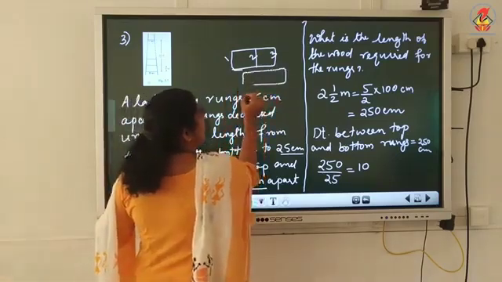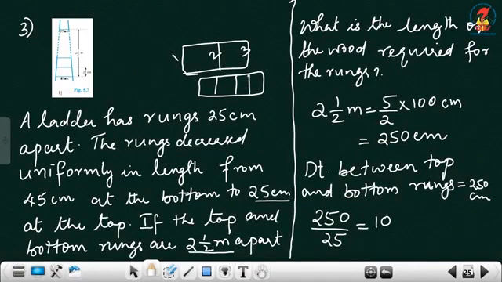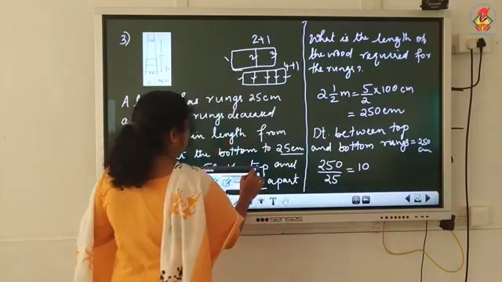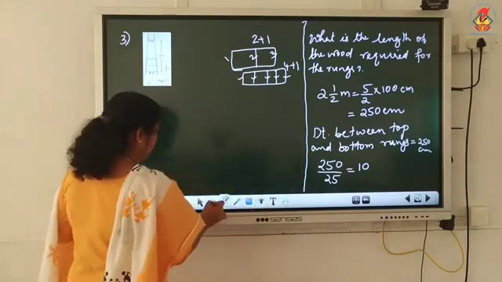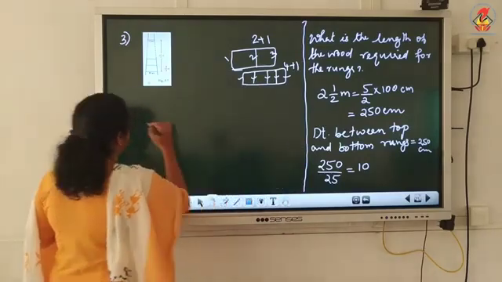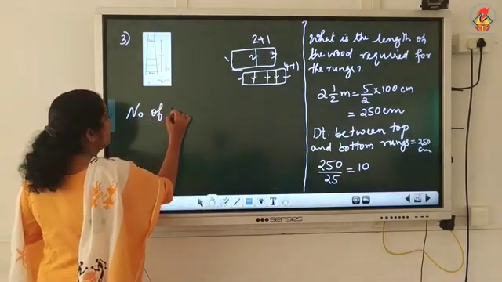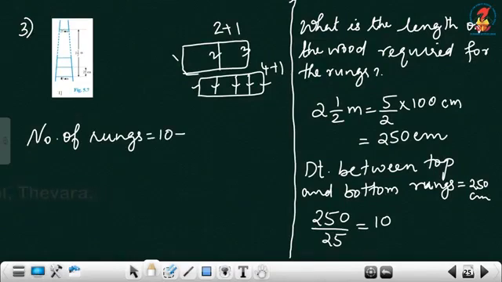If we divide this into 4 equal parts, 1, 2, 3, 4, 5. So here 2 plus 1, here 4 plus 1. Same way, the number of rungs is 10 plus 1, 11 rungs.